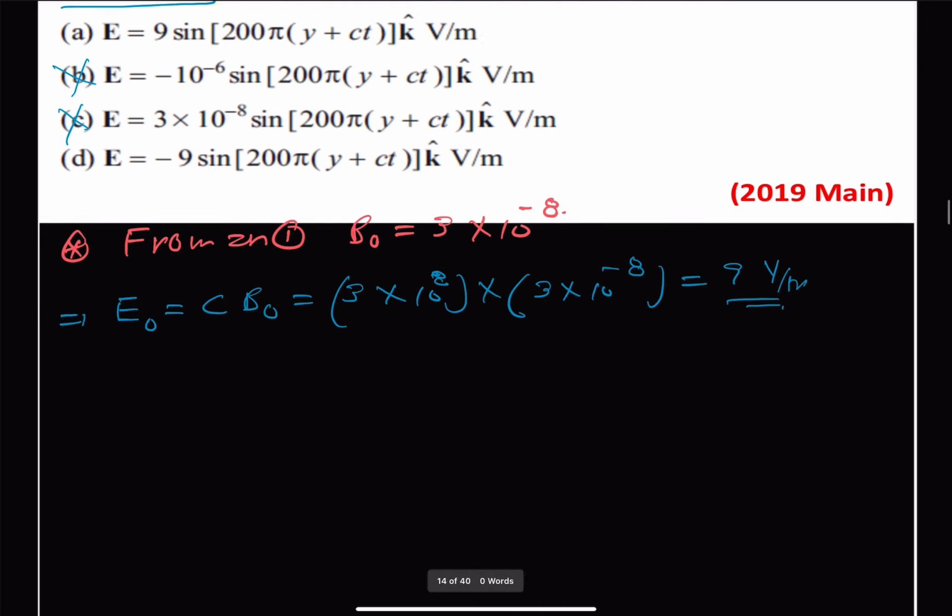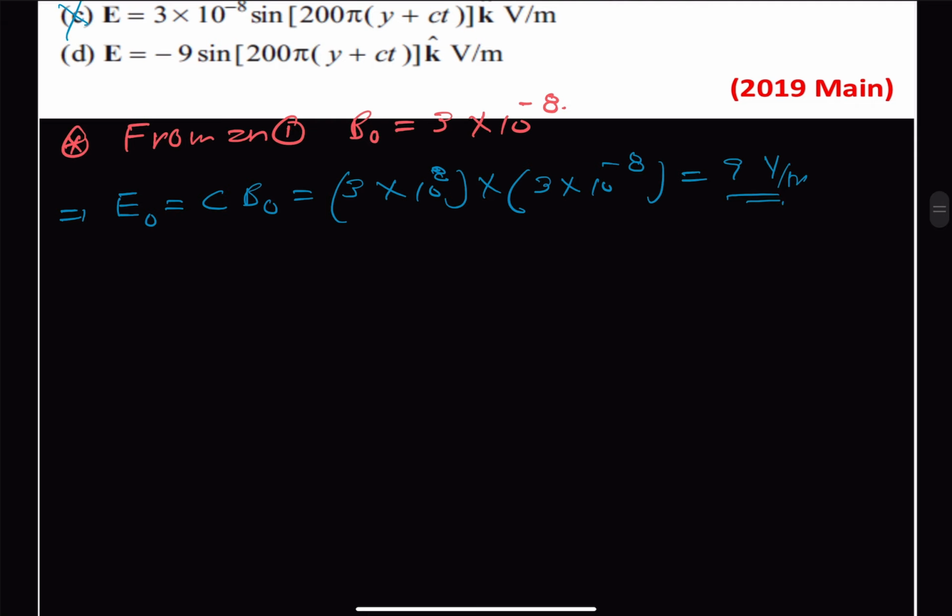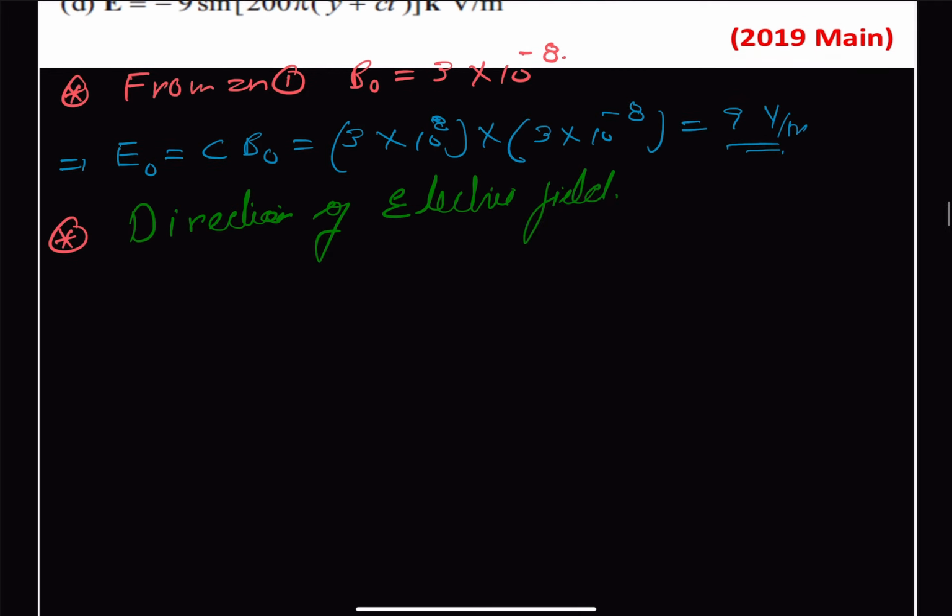Now we are going to find out its direction. The magnitude we found out is 9. Now we are interested in the direction of the electric field.